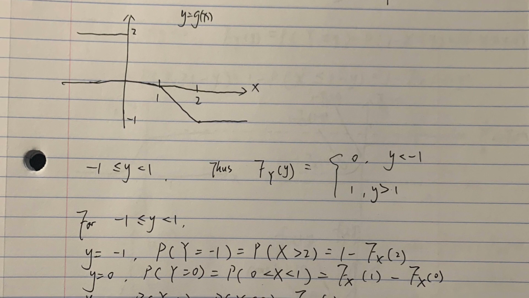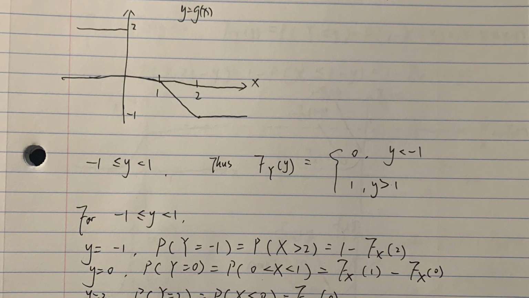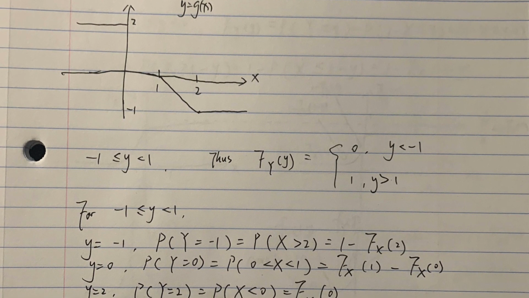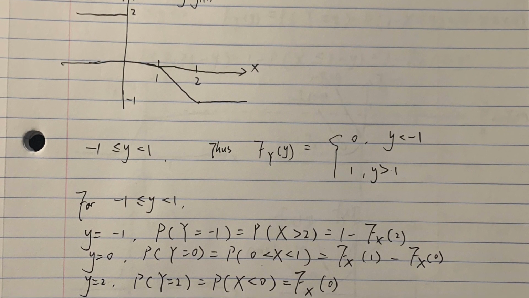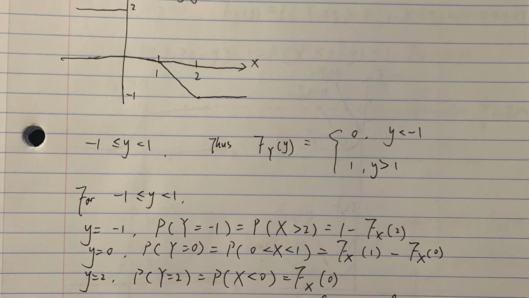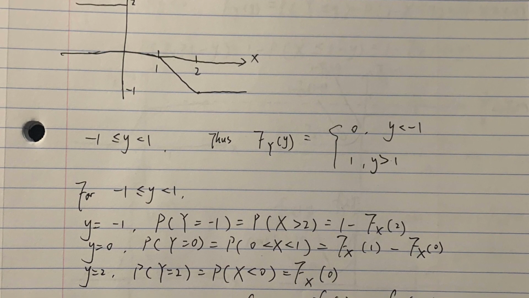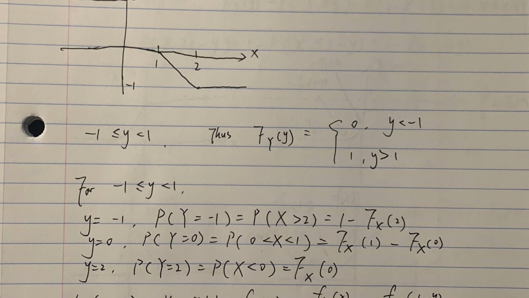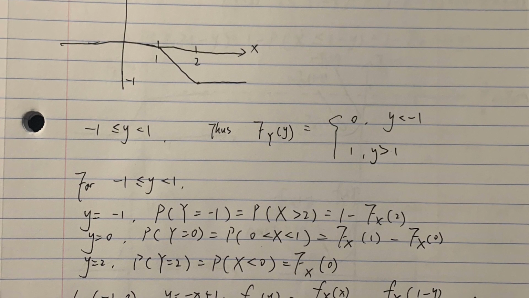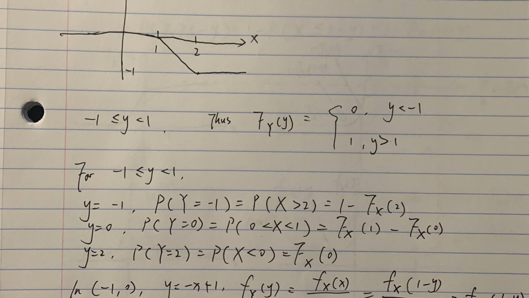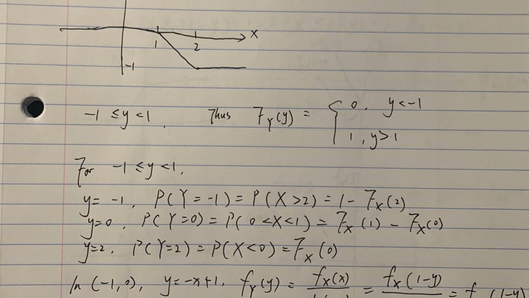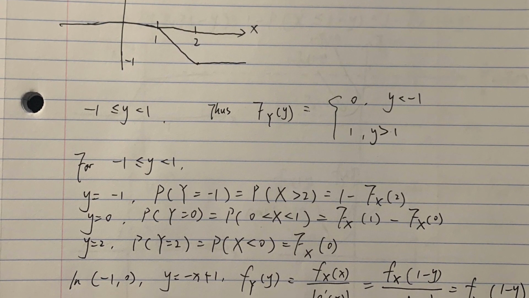For 0 bigger than y bigger than minus 1 will be f_X(1 minus y). For y equals 0 will be F_X(1) minus F_X(0) and y. For y equals 2 will be F_X(0) and y minus 2. The last one will be 0 otherwise.